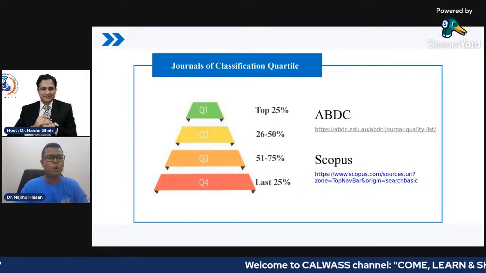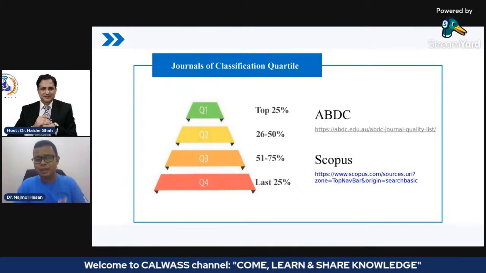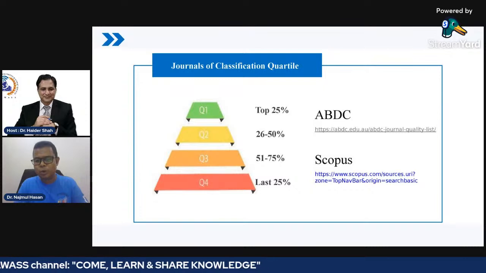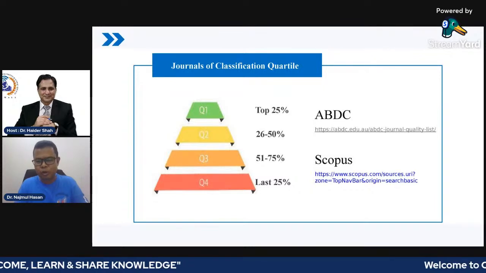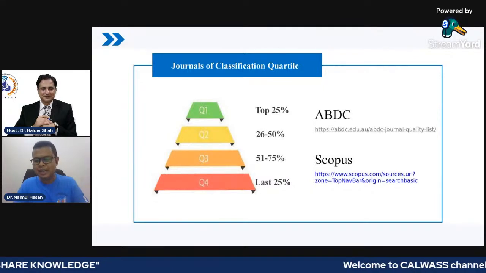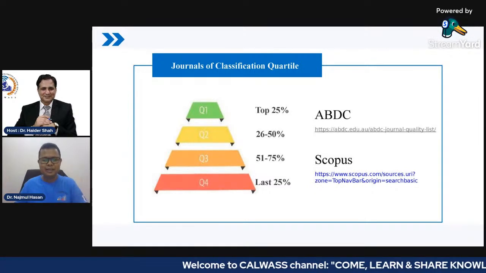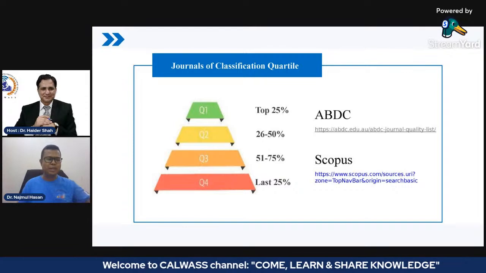These are the four prominent ranking styles, and dear audience, you will find the ABDC journal ranking list from this website. The web link is in here, and the Scopus link is in here, right? So you can make a search.